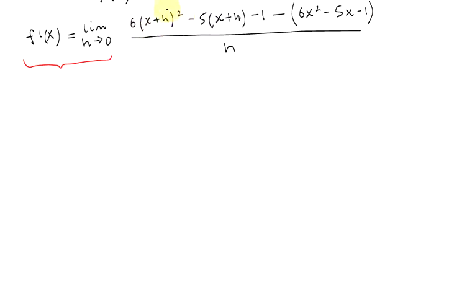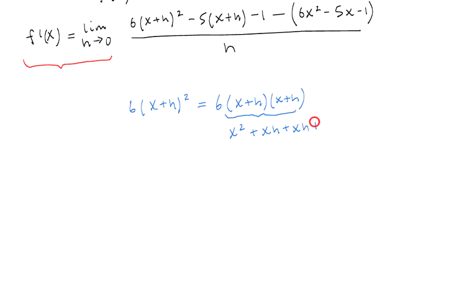The first thing that will be helpful is if we multiply out this (x plus h) squared. So let's, as an aside here, single out 6(x plus h) squared, so we can figure out what that equals. This is essentially 6 times (x plus h)(x plus h). And if we FOIL or distribute this (x plus h) times (x plus h), we get x squared plus xh plus xh plus h squared.